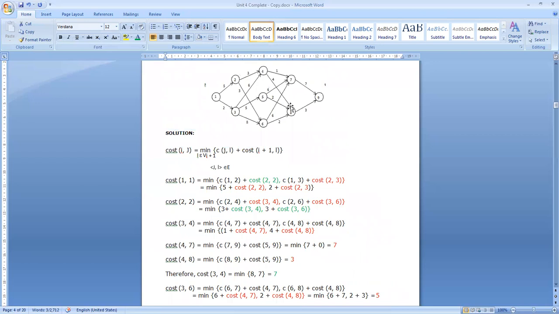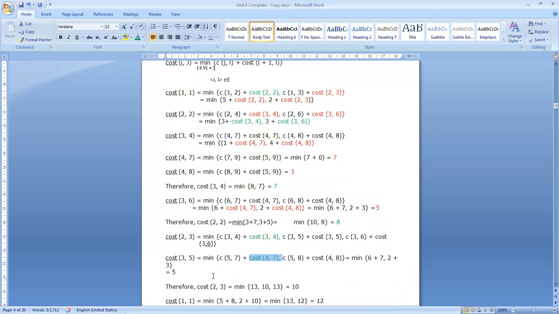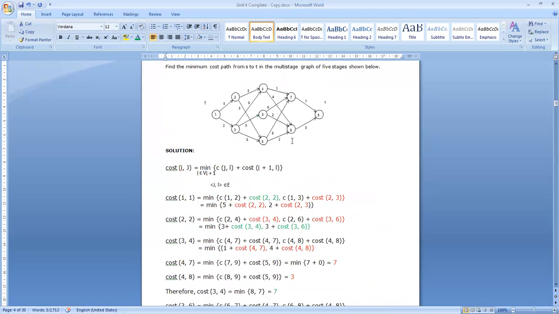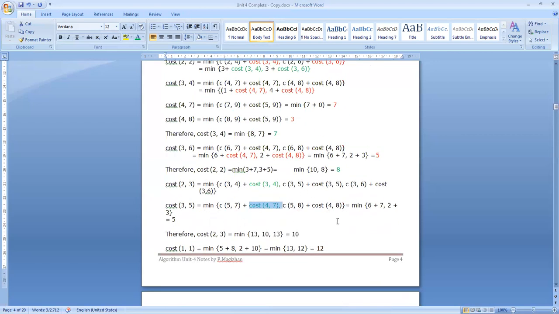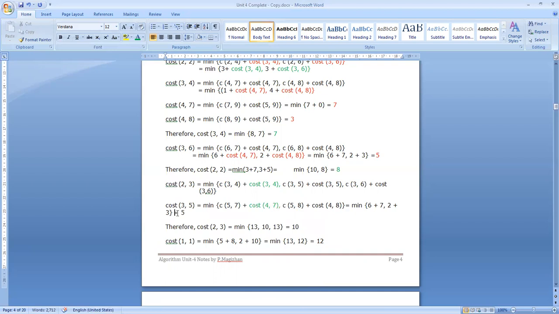C58 is 2, plus cost of vertex 8 in the stage 4, which is 3. So 6 plus 7 and 2 plus 3. The minimum is 2 plus 3, which is equal to 5. So cost of 3 5 has been found out.